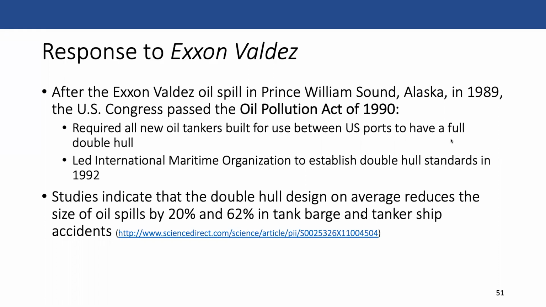So even if you ruptured the first hull, there would be a second hull that would be intact. And there have actually been some studies indicating that this has already reduced the size of oil spills by 20% in tank barges and 62% in tanker ship accidents.